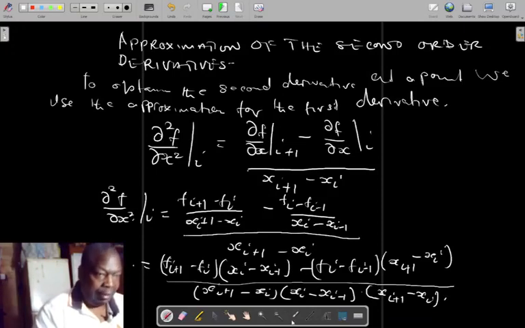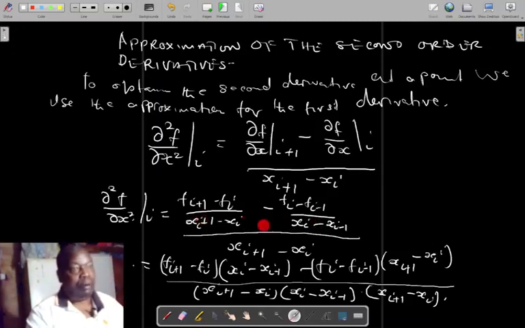So essentially what I've done is trying to simplify this. I multiplied that and that and came up with a common denominator there.